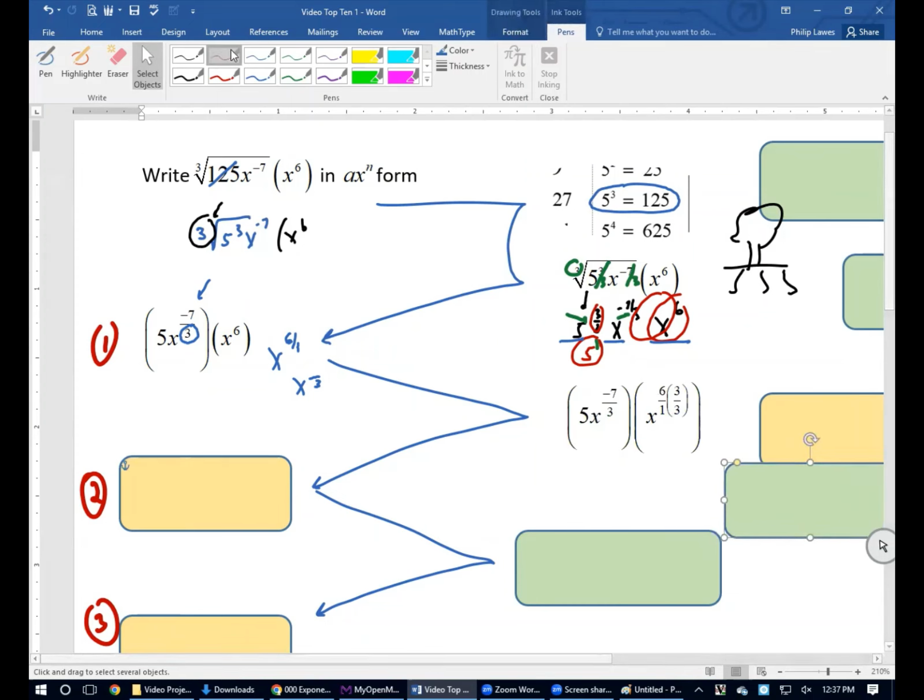I'm going to multiply this 6 over 1 times 1, but I'm going to write my 1 as 3 over 3. So now you can see I have 5 x to the negative 7/3. And of course, when you're multiplying fractions, you multiply the top, multiply the bottom, x to the 18 thirds. So that's going to be part 2.